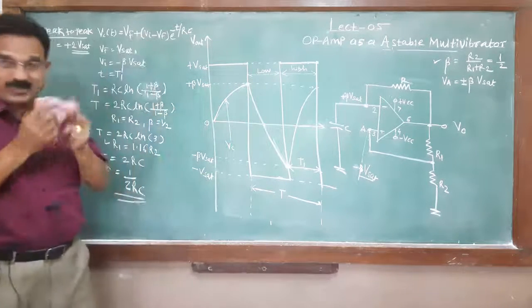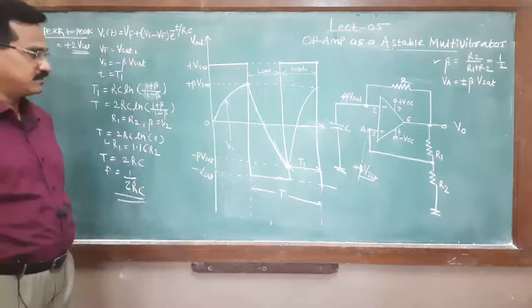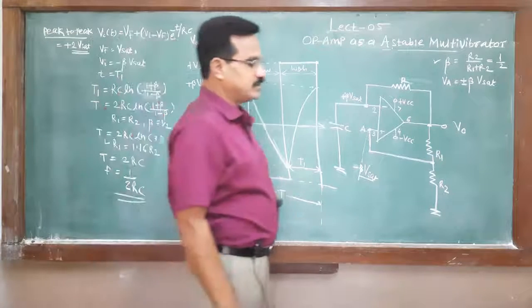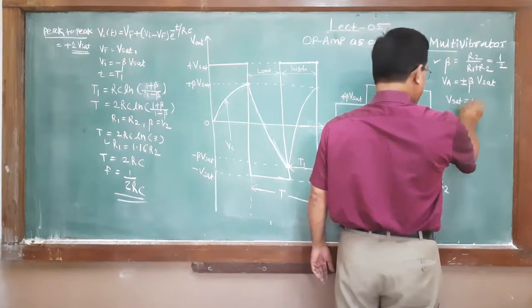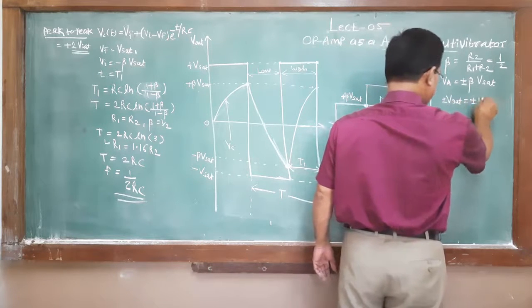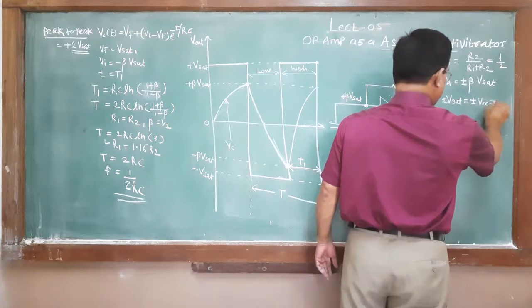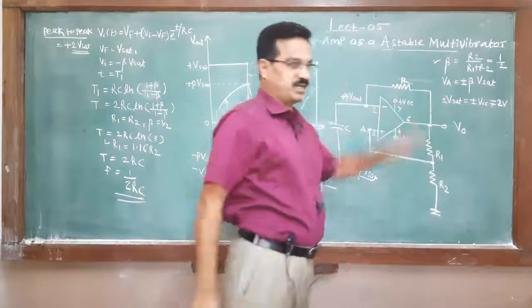On what factor does the amplitude depend? Remember that V saturation must be equal to plus minus VCC minus plus 2 volt. What is its meaning?